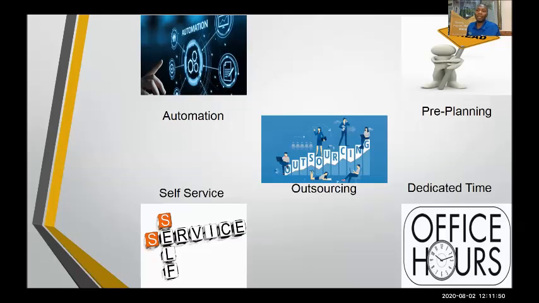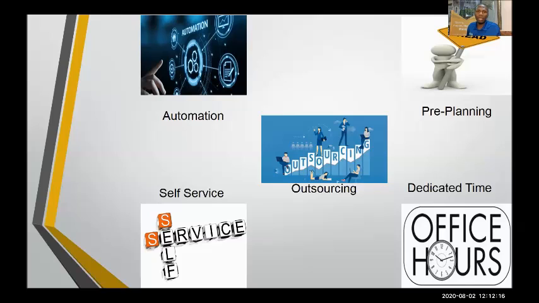The next tip is pre-planning, right? And so what does pre-planning mean, right? You'll have situations where your owners need to talk to you, or you need to talk to your owners for whatever reason, right? And so the best way to improve your communication with your owner is to look at your schedule and look at the owner's schedule, right?